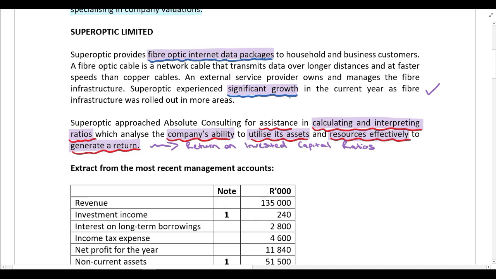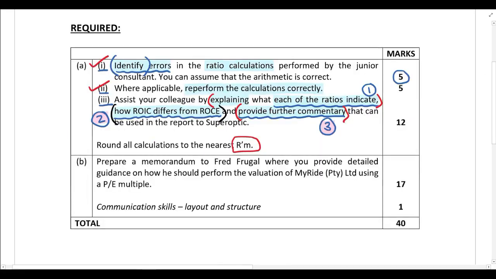So because the market size increased, Super Optic experienced significant growth, and that obviously resulted in increased revenue, which is why all of the ratios that we calculated indicate positive performance in the current year. All right, guys, so that then deals with everything in part A of the required.